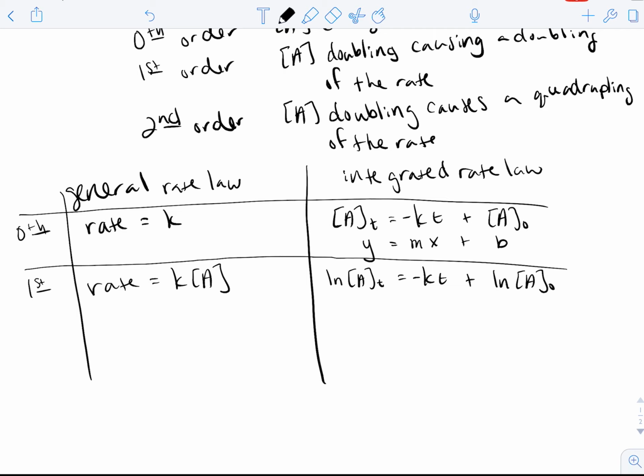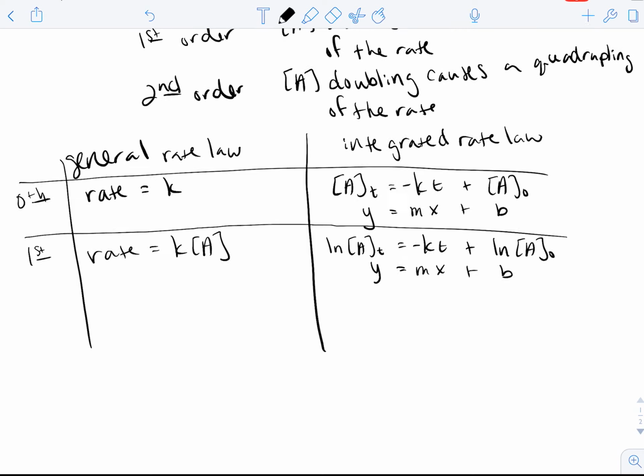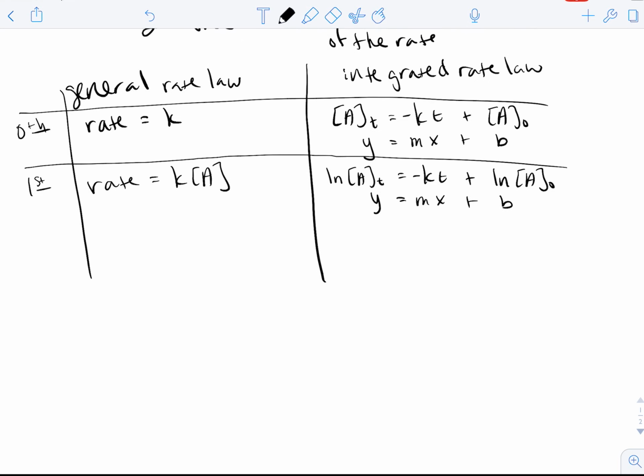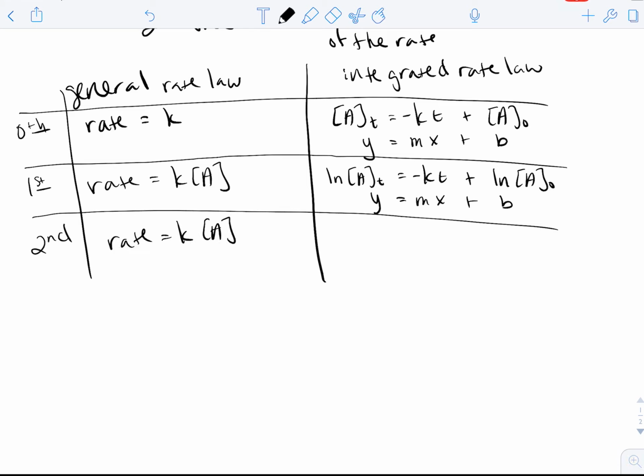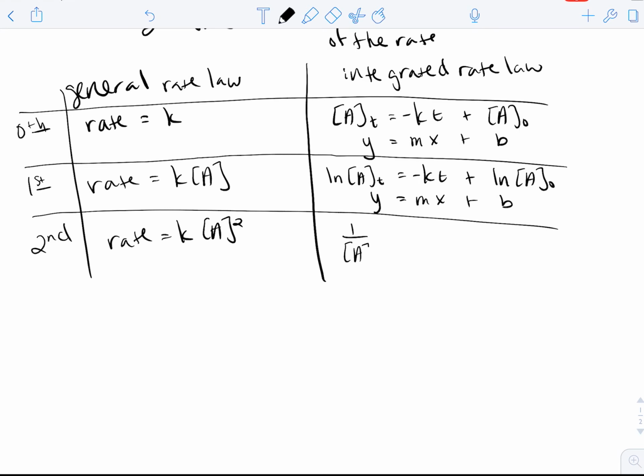Okay, and again we have a y equals mx plus b arrangement. Lastly, we're going to look at second order, where our rate is equal to k A squared, and our integrated rate law is 1 over A at time t is equal to our rate constant k times time t plus 1 over A naught, our initial concentration.